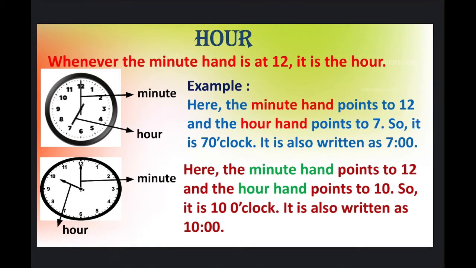It is also written as 7:00. In the next clock, the minute hand points to 12 and the hour hand points to 10. So, it is 10 o'clock. It is also written as 10:00.